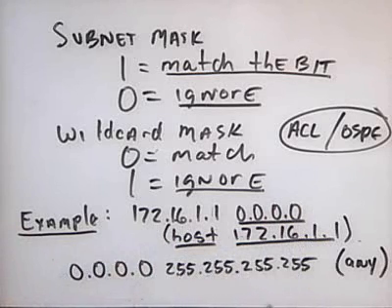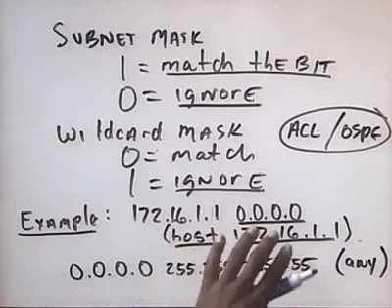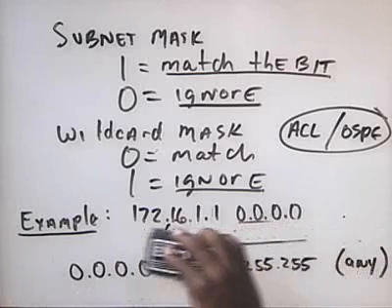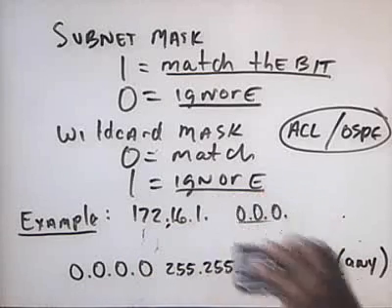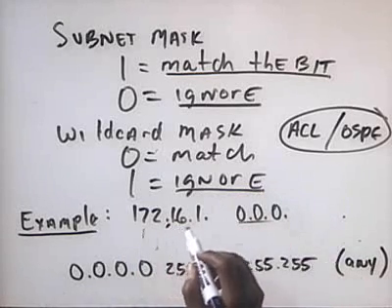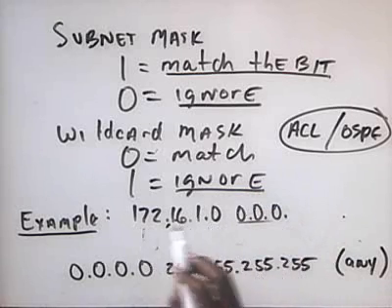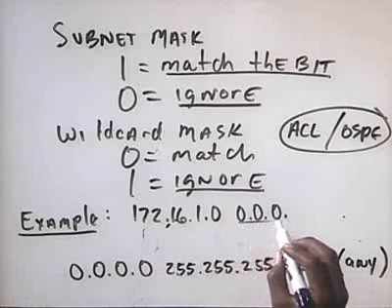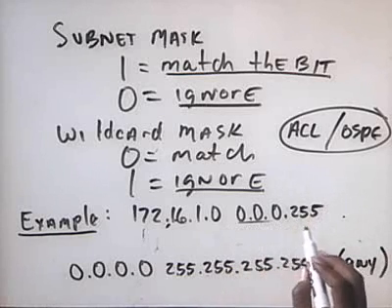Now, if we want to specify instead the subnet that that host is on, instead of typing in that as a wildcard mask, we might indicate 172.16.1.0, the subnet that that host is on, and a 0.0.0.255 for the wildcard mask.